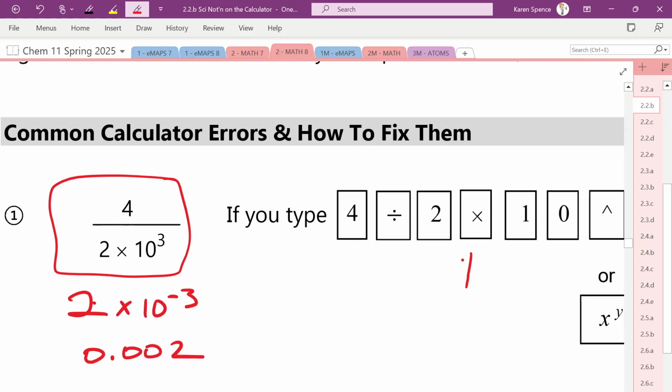If you did not get that, then you probably did something like this. Anyone get 4? Anyone get 2,000? Did you use the times button at any point?